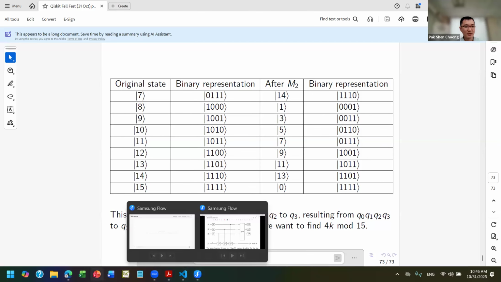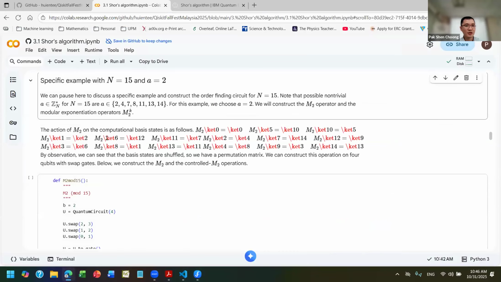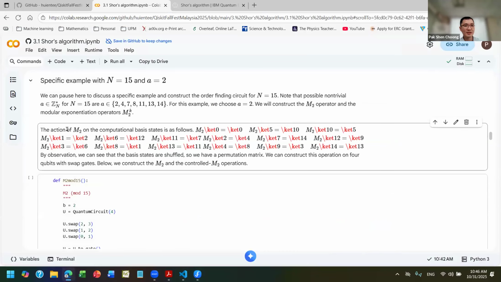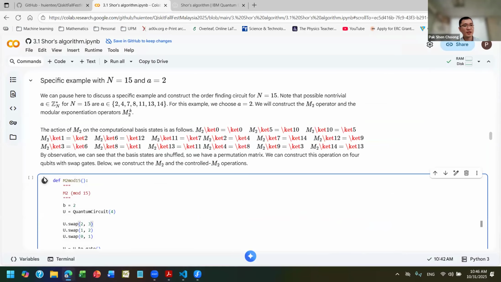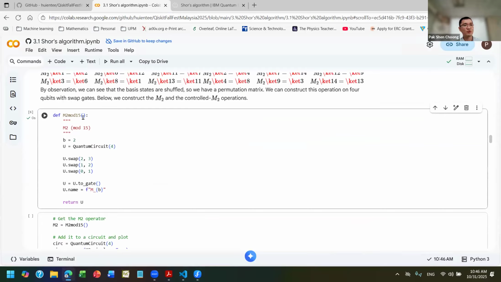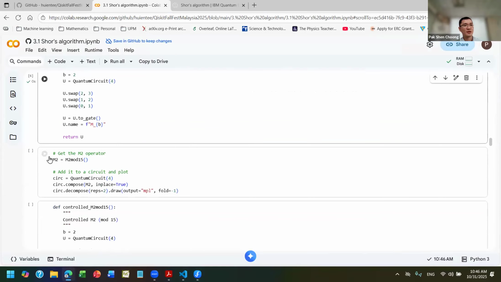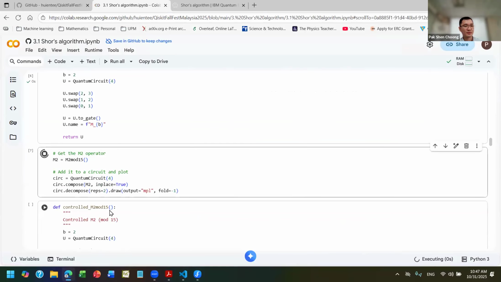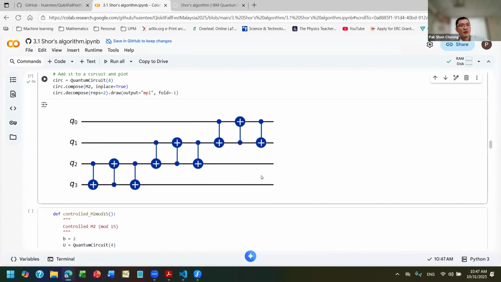So let's look at the Qiskit codes. So over here, what they did is they tell you what M2 does to your equation. So this is the definition of M2 mod 15. And this will be the circuit.